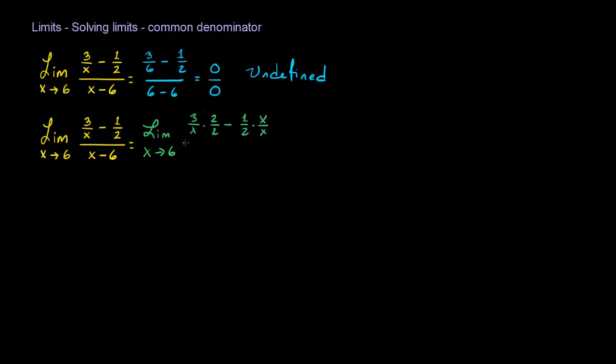I'm just multiplying by the other denominator, and below will remain just the same, this x minus 6. Now we get the limit when x approaches 6 of 6 over 2 times x minus x over 2 times x, all over x minus 6.